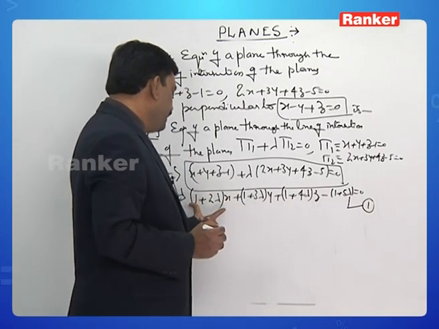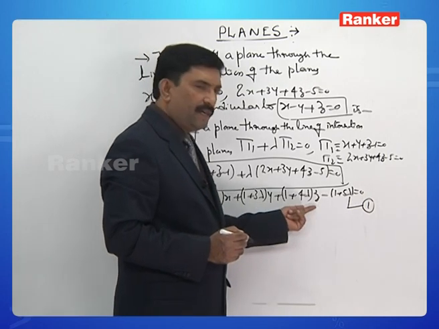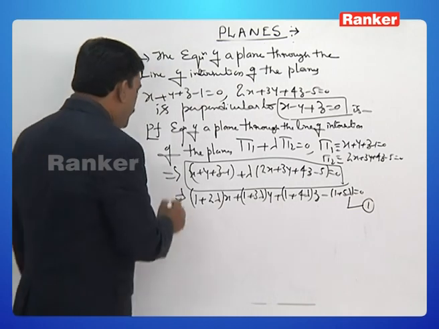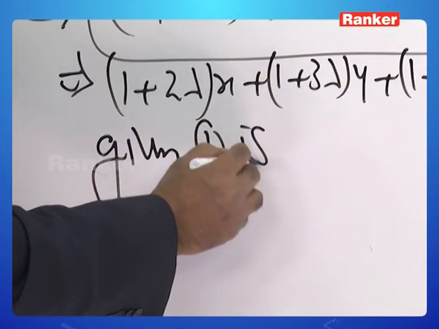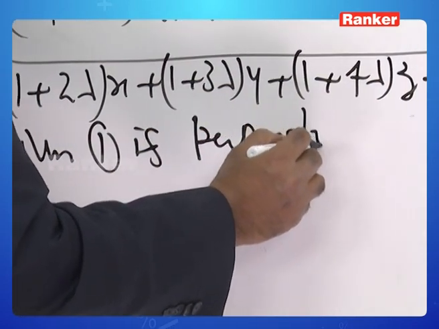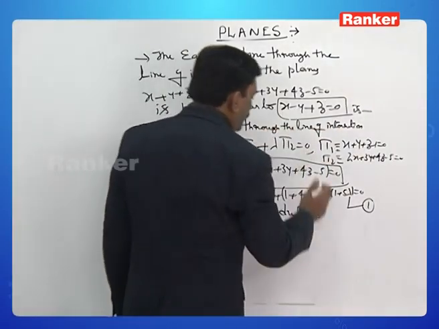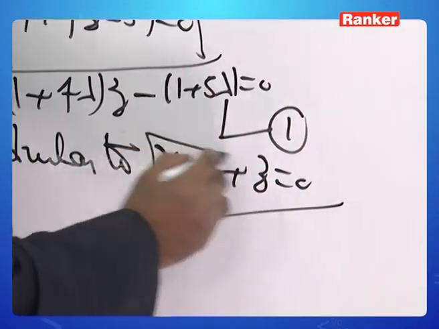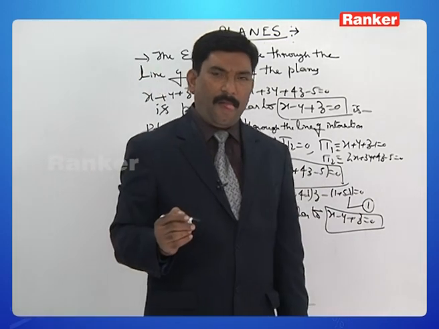I simplified this in the form a1x plus b1y plus c1z plus d1. Now, this plane is perpendicular to the plane x minus y plus z is equal to 0.